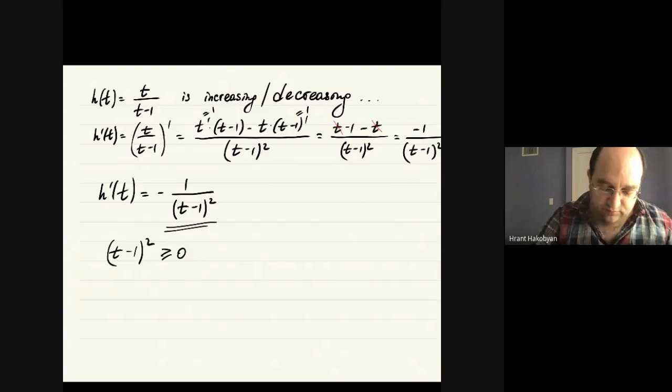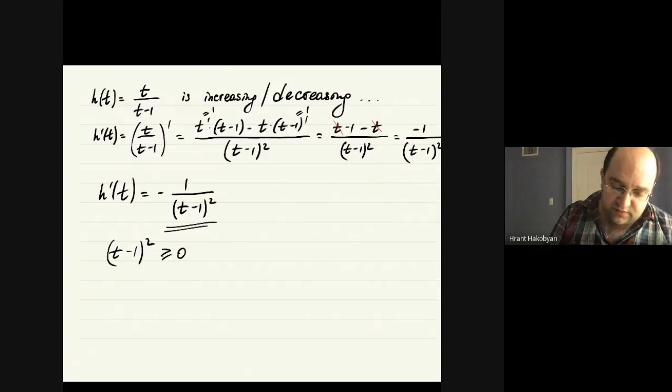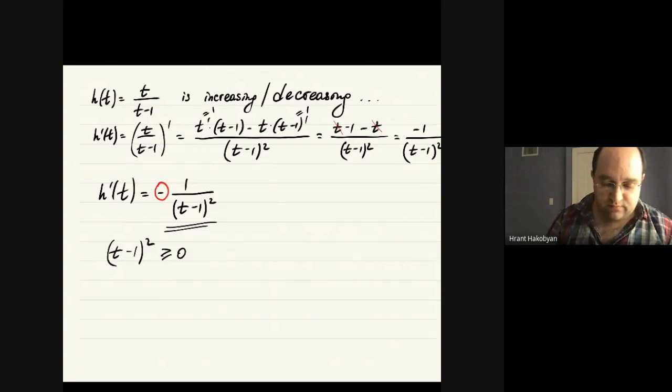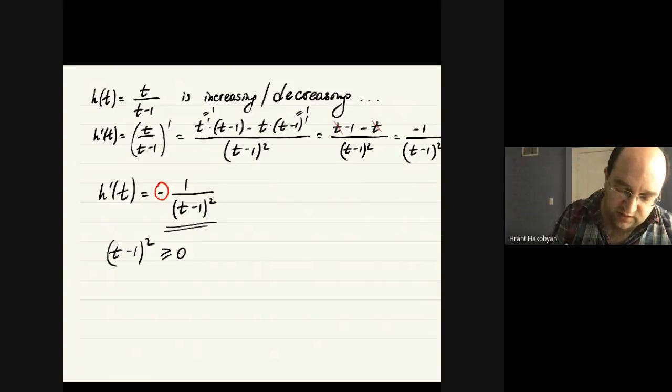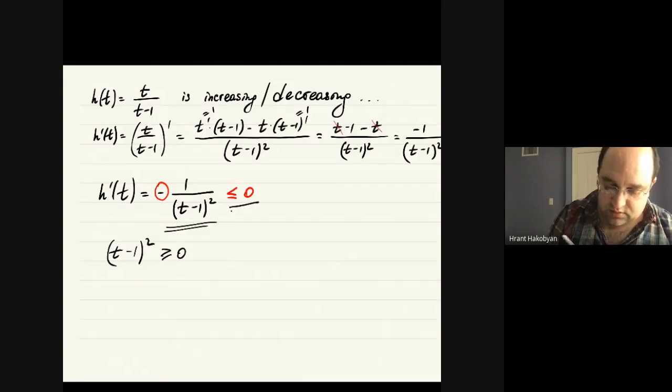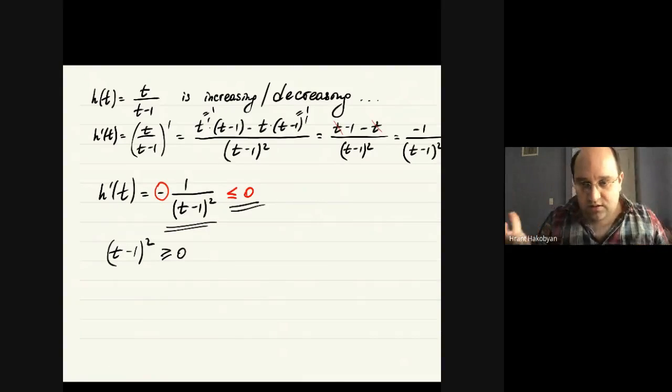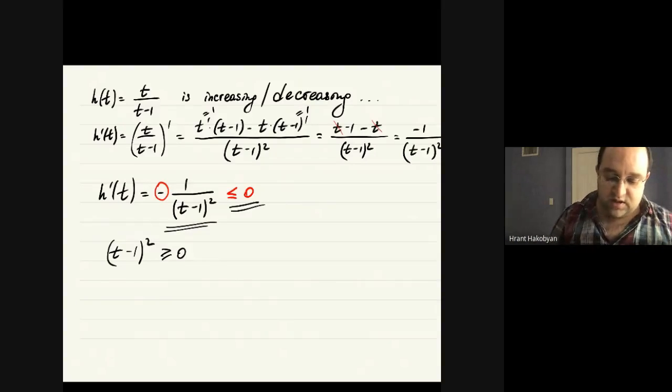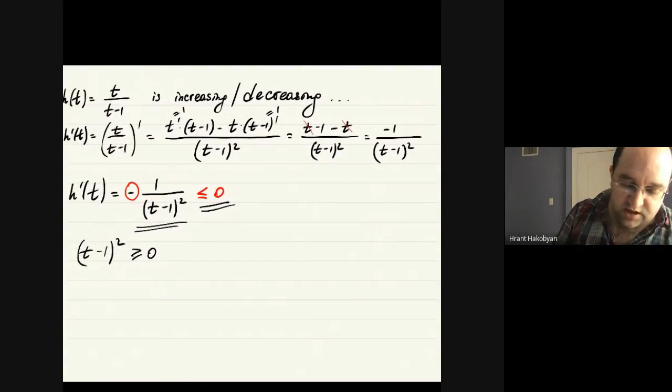One point doesn't really matter. So everywhere the derivative makes sense, the denominator is positive. But then I have this negative sign. If I have a negative sign times something that's positive, then the answer has to be less than or equal to 0, correct? So the whole thing is non-negative, so that means the function is increasing always.